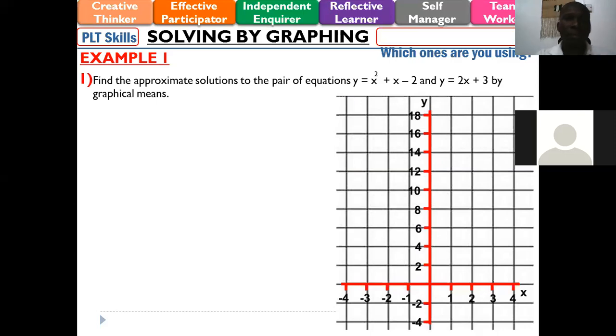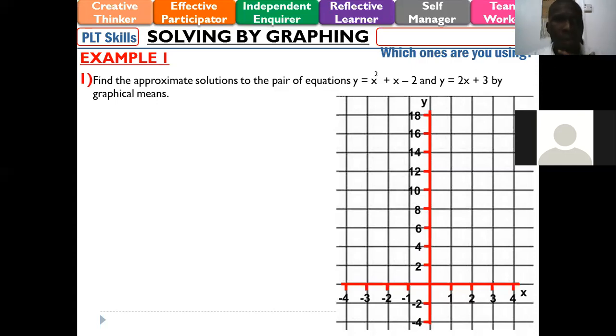Okay, now I want you all to settle down and look at what we have today. If you look at example 1, remember we have discussed how to make use of the elimination method to solve both quadratic and linear equation, and we have also made use of the substitution method. So this is the third method we can use to solve a combination of quadratic equation as well as linear equation.